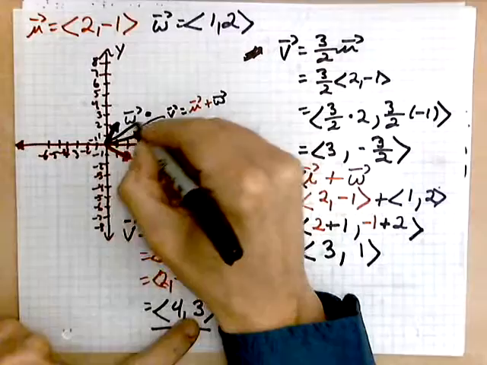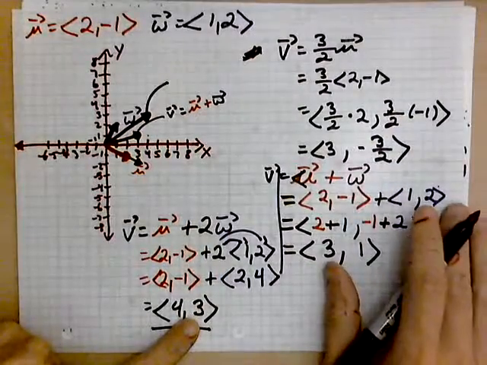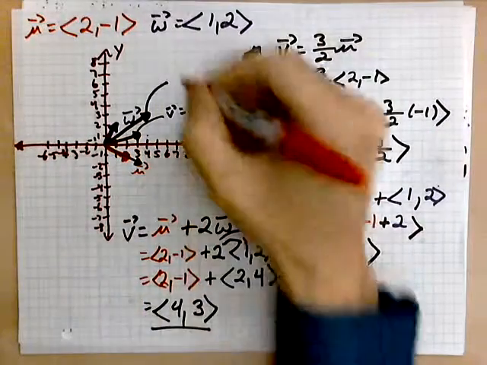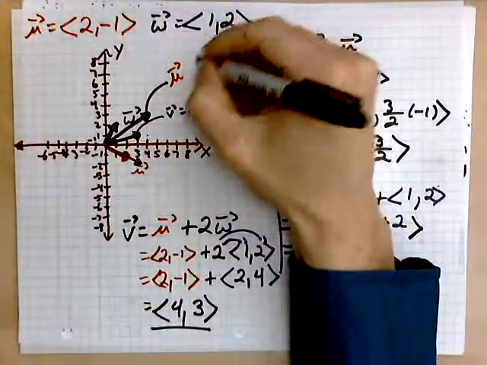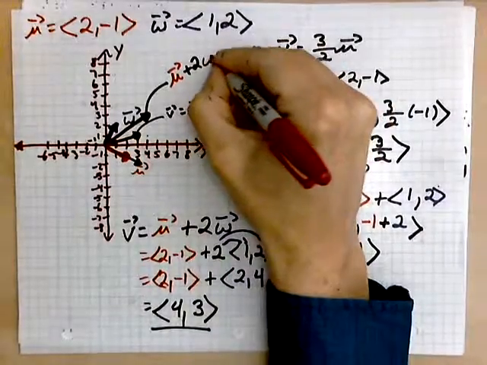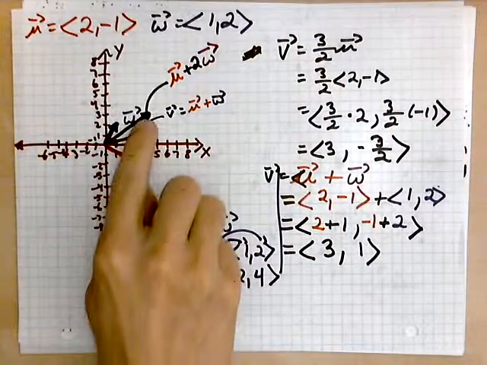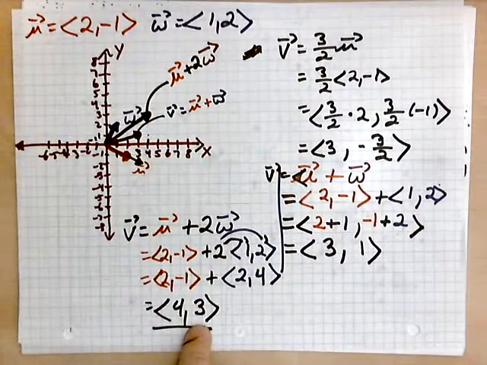There we are. This new arrow that I've drawn represents U plus 2 times W, which has the components 4, 3.